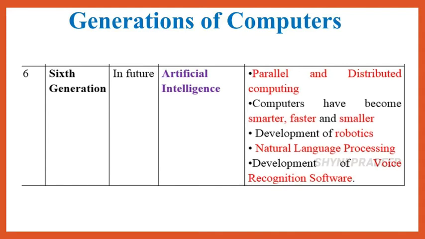Development of robotics and natural language processing, which means NLP. It is a component of artificial intelligence. It provides the ability to develop computer programs to understand human language. That is called NLP, natural language processing.